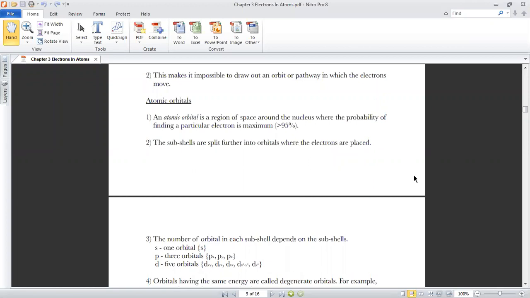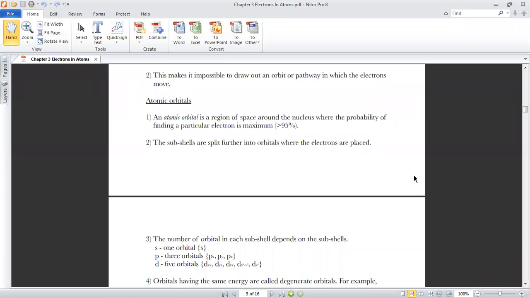These are the three orientations that can be found in P subshell. Some of the electrons have a dumbbell shape lying on the x-axis. Only two can be there. Maximum electrons in an orbital can be two, not more than two.